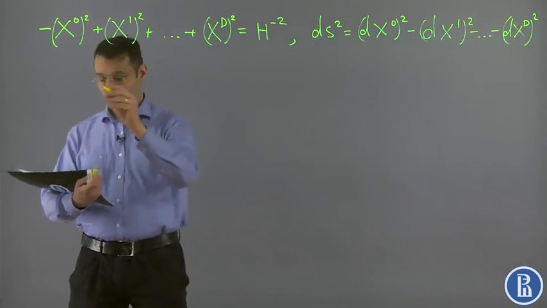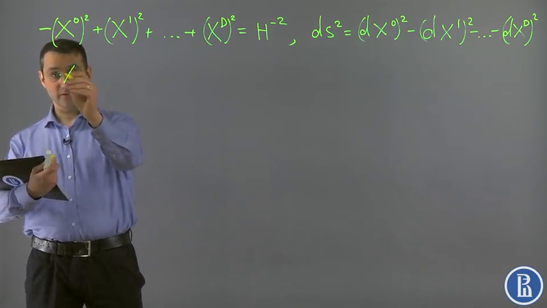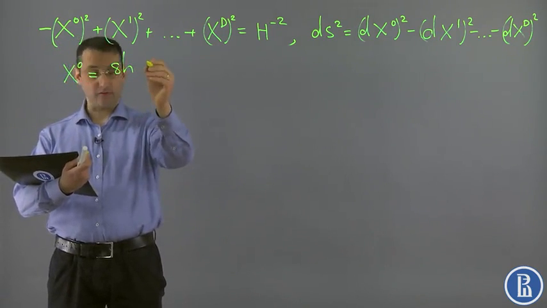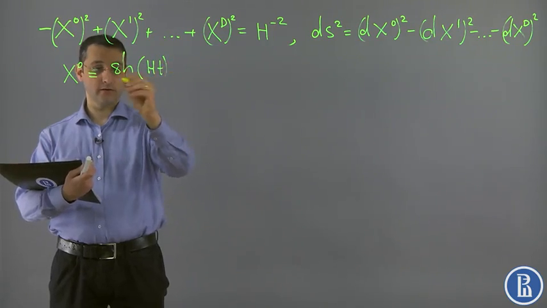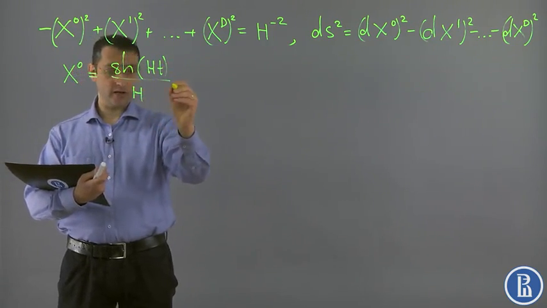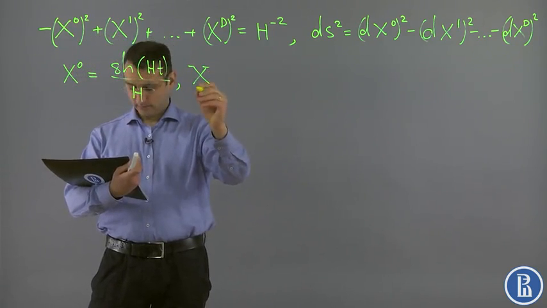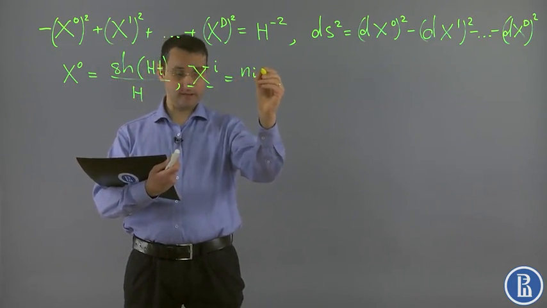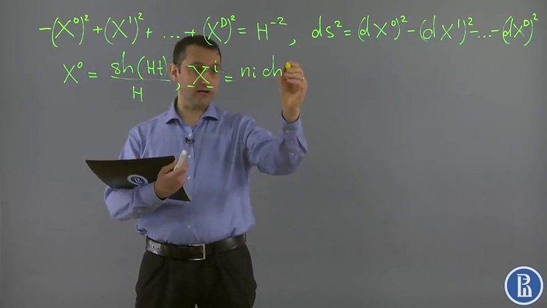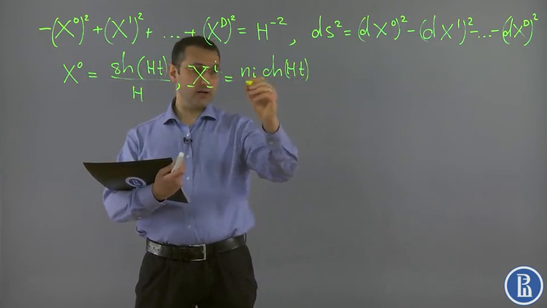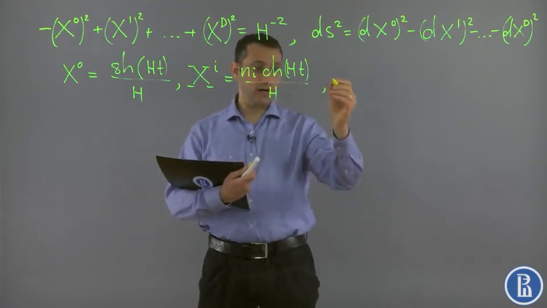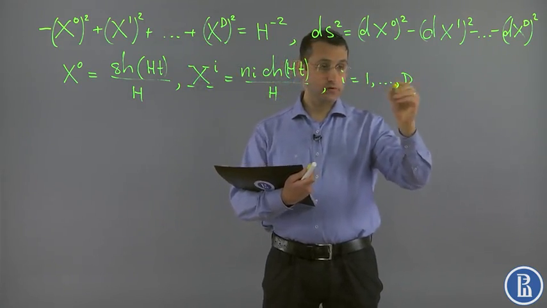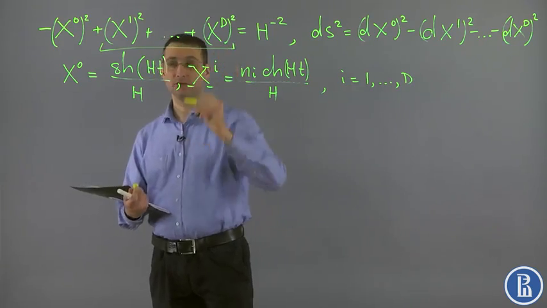One can solve this equation very easily, for example, by x0 equal to hyperbolic sine of ht divided by h, and xi equal to ni times hyperbolic cosine of ht divided by h, where i is running from 1 to d.